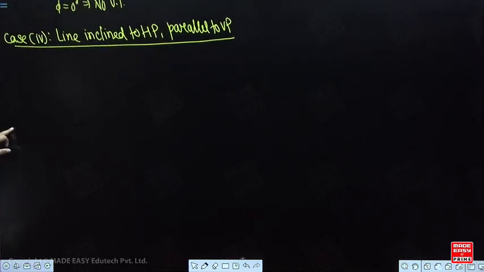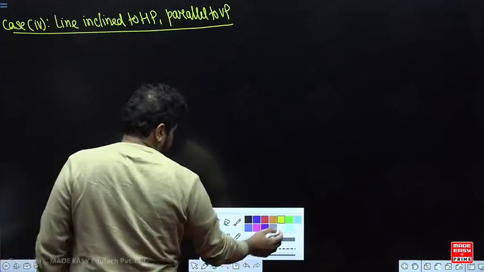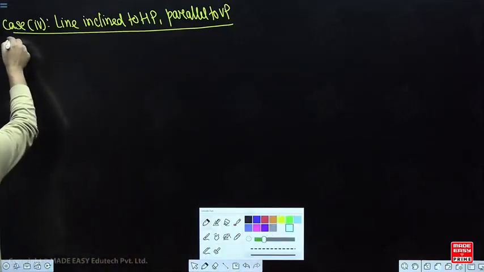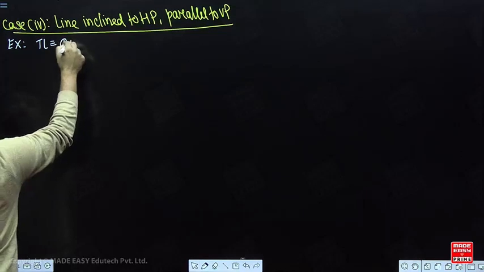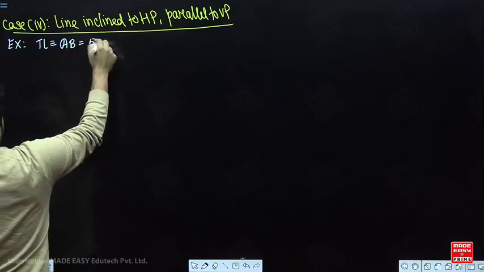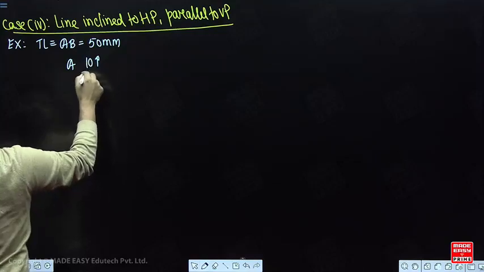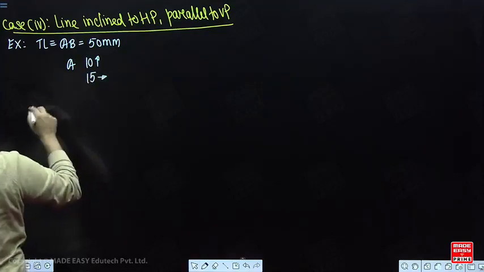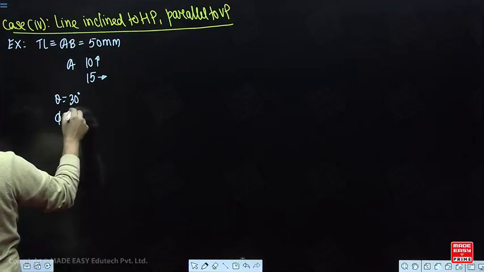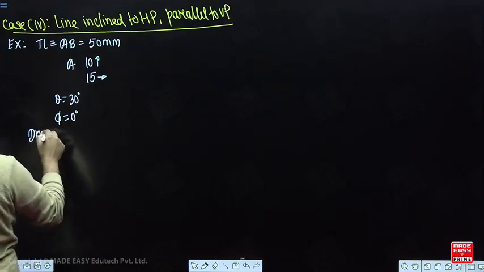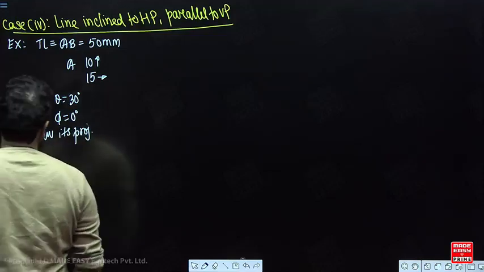Right. So line inclined to HP and parallel to VP. Let us take an example. True length AB 50 mm. A is 10 mm above HP, 15 mm in front of VP. Let us say theta is equal to 30 degrees, phi is equal to 0 degrees. Draw its projection. Right.